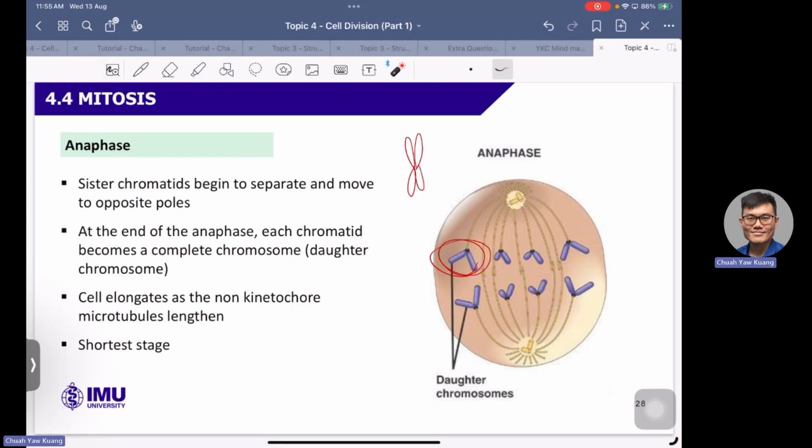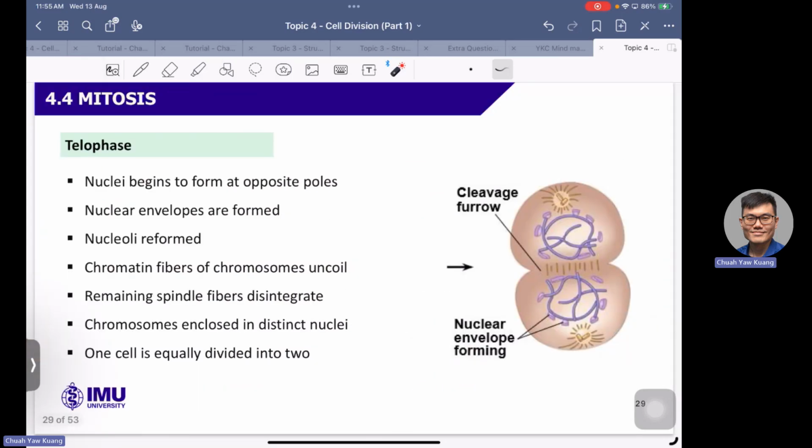Then the last phase would be the telophase. In telophase, the sister chromatids reach the opposite pole. As for chromosome behavior, once they reach the opposite pole, these sister chromatids will start to decondense.